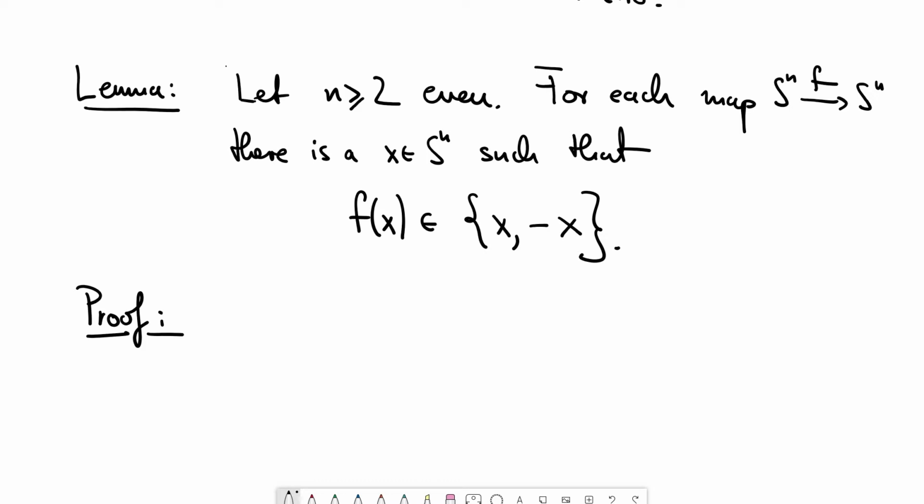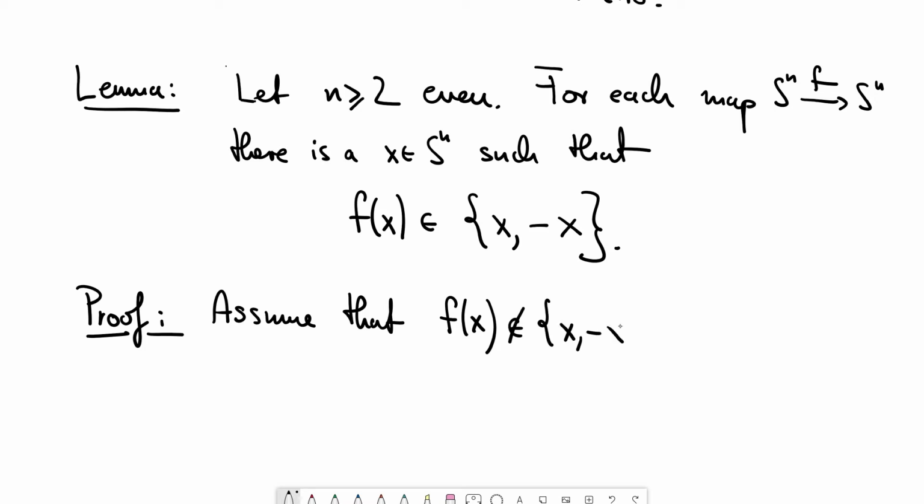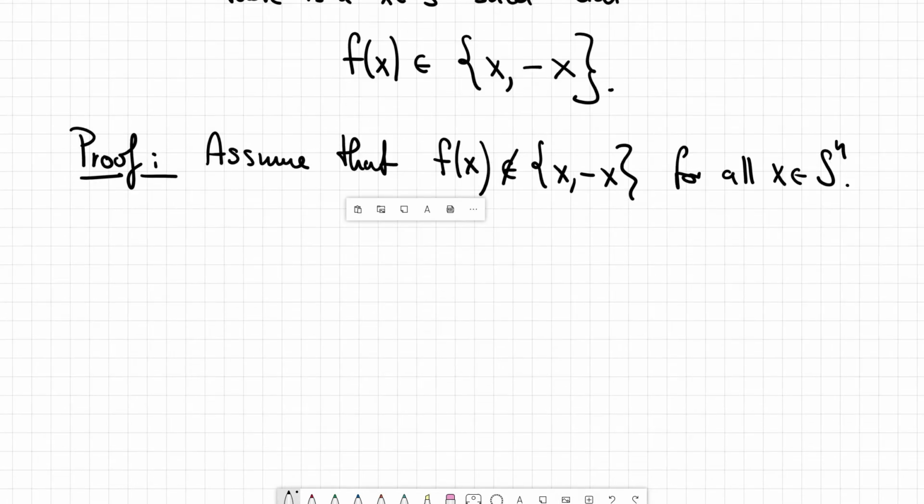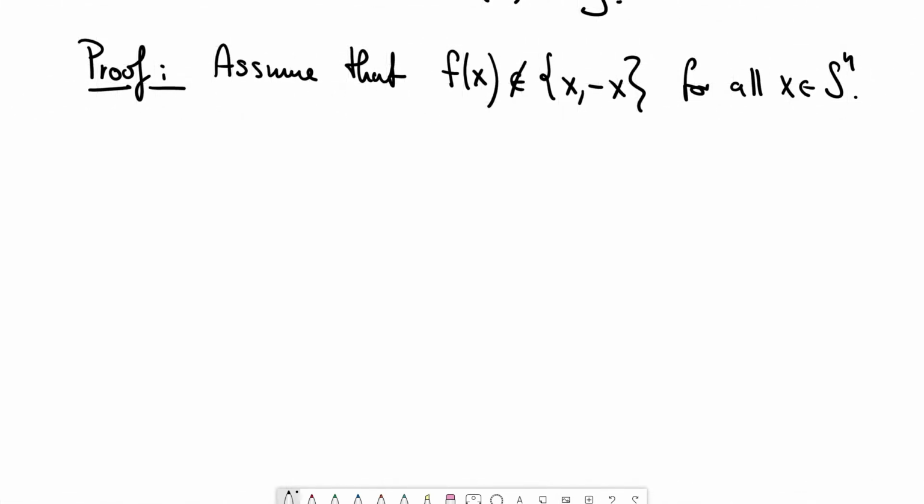We prove this by contradiction. Assume that there is no such point. Under this condition I can define two homotopies of f. Define the first one, (x + t f(x)) normalized.